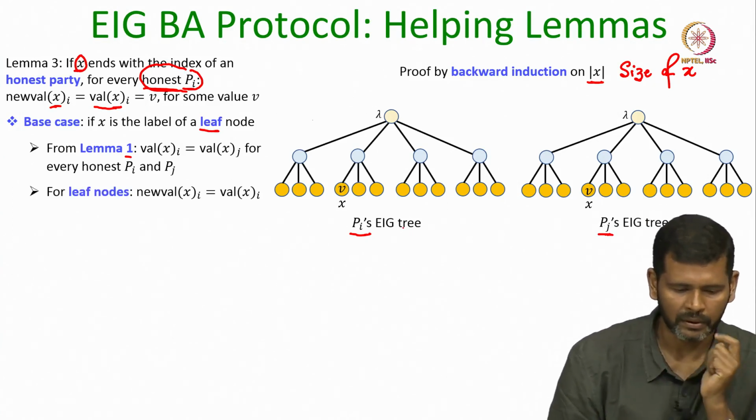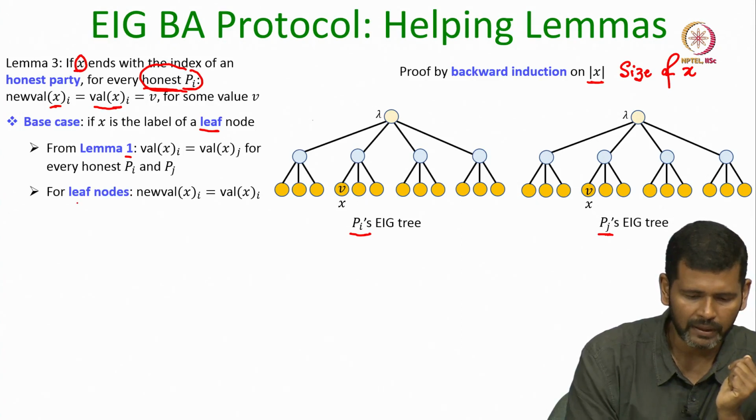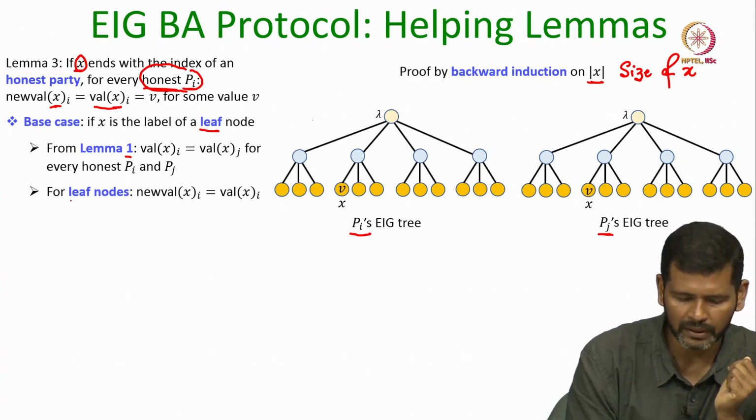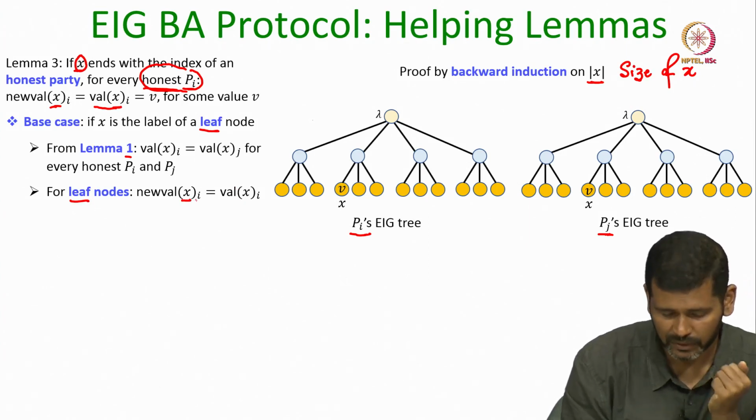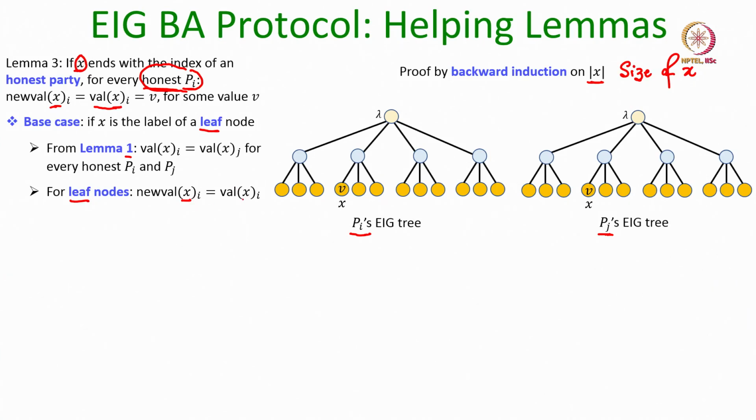Now, recall that the way new values are computed for the leaf nodes x, the new value is the same as the old value. Okay, that is the way new values are computed. We do not apply the majority rule for the nodes labeled x, where x corresponds to a leaf node, because since it is a leaf node it does not have any children.